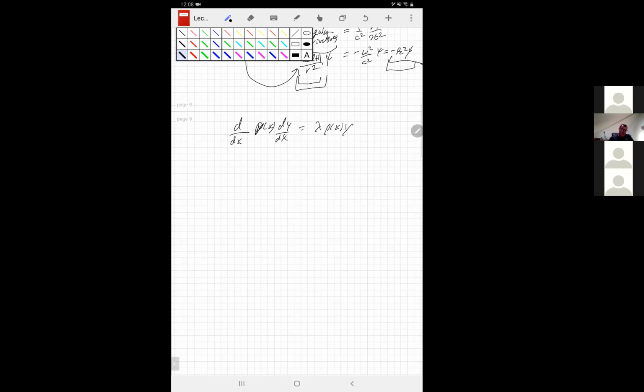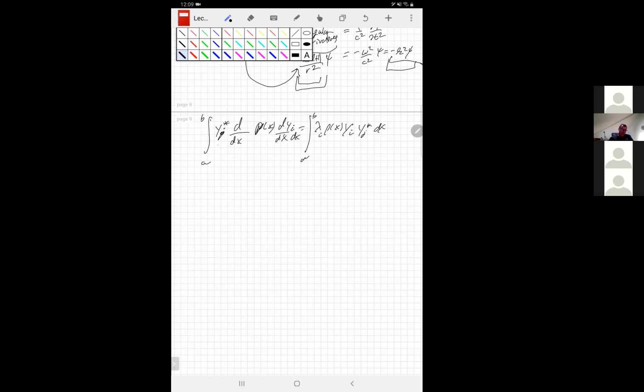Anyway, if I have yi with lambda i yi, I can multiply by yj star, and then I can integrate from a to b dx. And on this side, I can use integration by parts. I call this u, I call this dv.